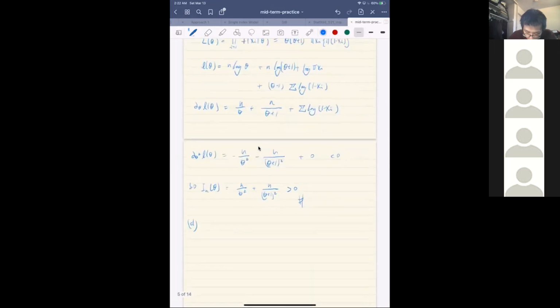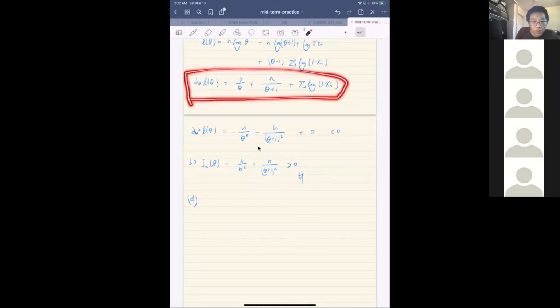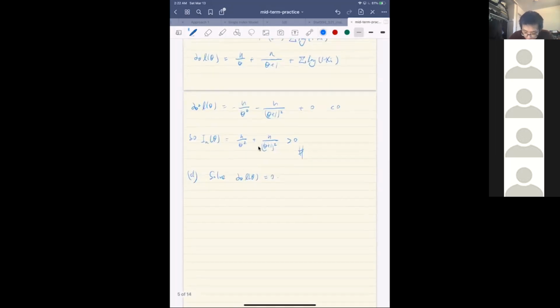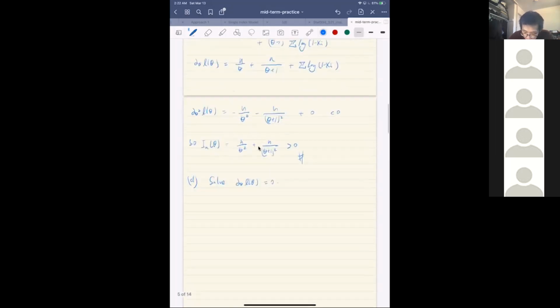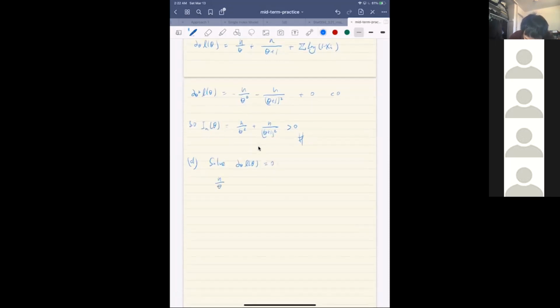So next we want to find the MLE. Basically we want to solve this equation. Let's solve this.